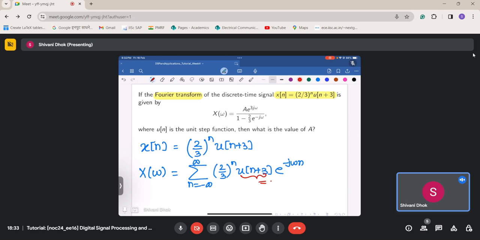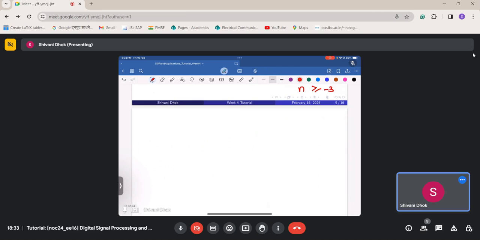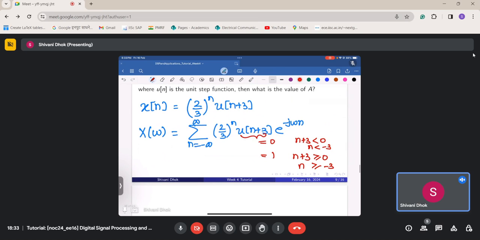So this is 0 for n plus 3 less than 0, or n less than minus 3, and it is equal to 1 for n plus 3 greater than or equal to 0, or n greater than or equal to minus 3. So if I just simply remove this unit step function and change the limits from n ranging from minus 3 to infinity, it's okay.